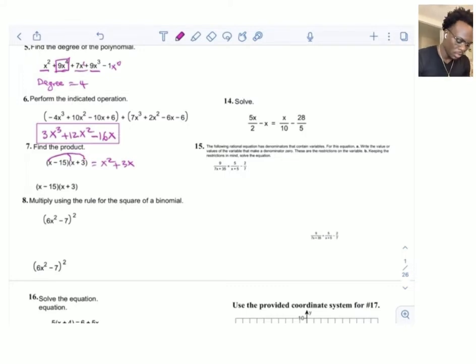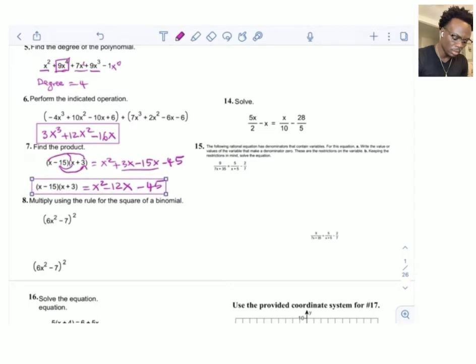Multiply now the inner terms, negative 15 and x, that's negative 15x. And then negative 15 times 3 is negative 45. Then now, combine like terms. These two terms are like, we can combine them. So the final answer is x squared minus 12x minus 45 is the answer for number 7.